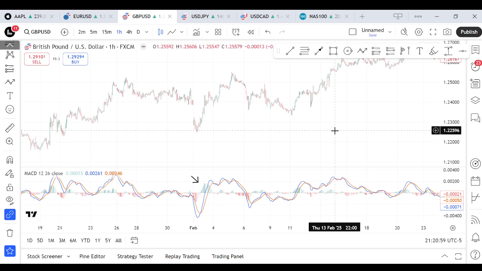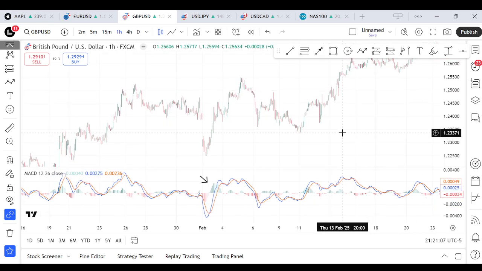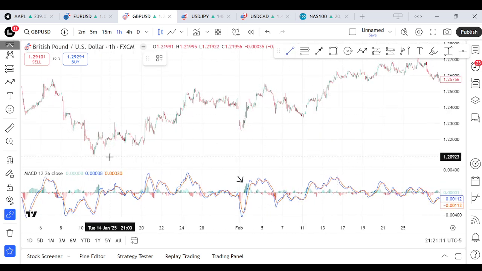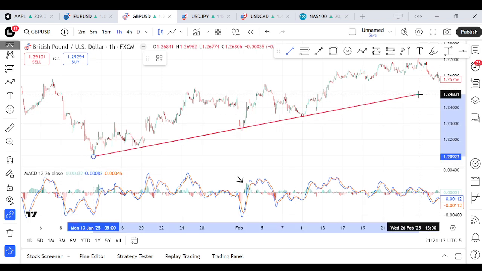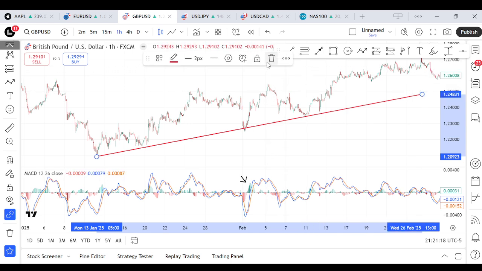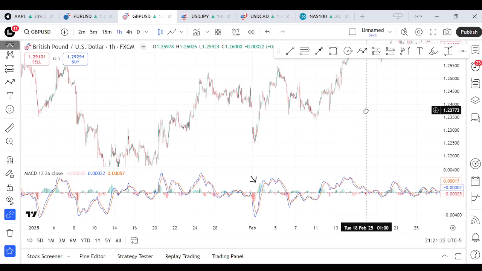So to apply the Fibonacci MACD strategy effectively, you start by identifying the market trend. Are we in an uptrend? Are we in a downtrend? Or are we in a ranging market? For example, on this chart, you can see that we are in an uptrend. So the first step is to identify the overall trend. I'll look for a swing low to a swing high.